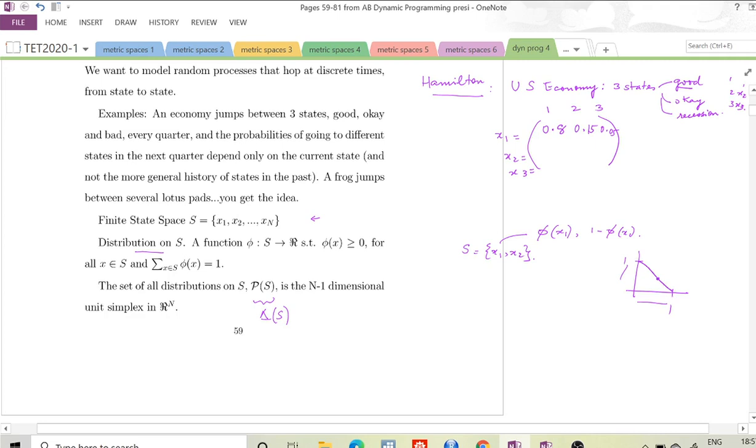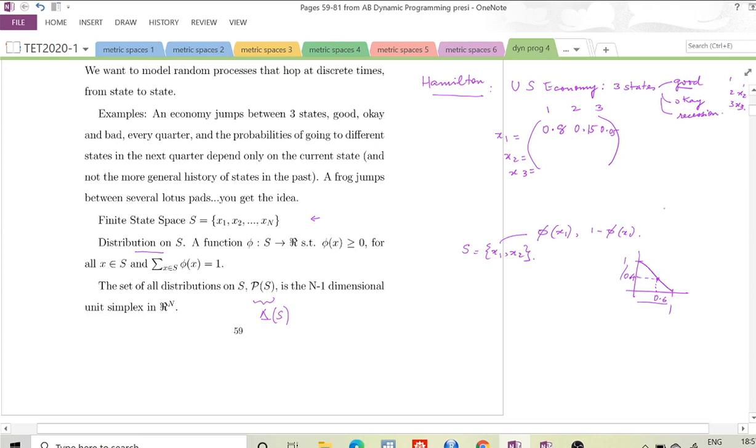And you can see that this is a one-dimensional simplex. For instance, this looks something like 0.6, 0.4. So the two things add up to 1.